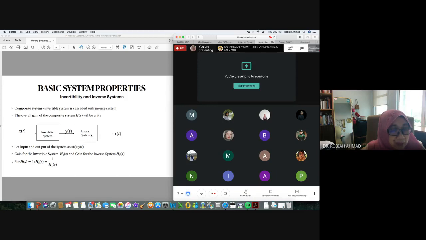Inverse system meaning that if the transfer function or the gain of the system is H(s), then for the inverse system, the gain will be 1 over H(s). So this is what is called invertible one-to-one, and then one-to-one again for the inverse system. So this system is having invertibility and inverse property.